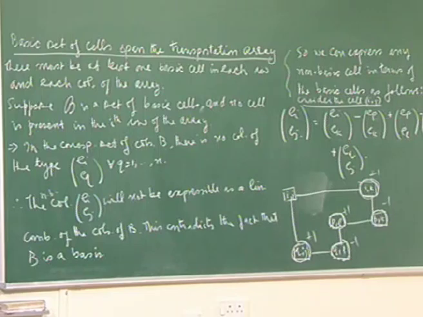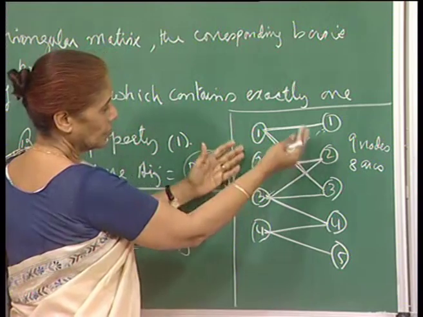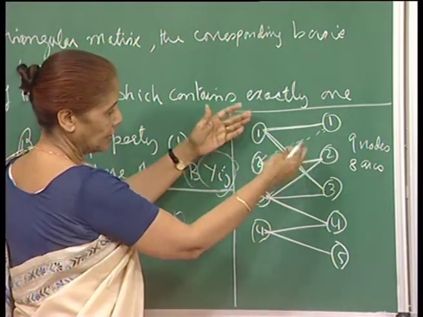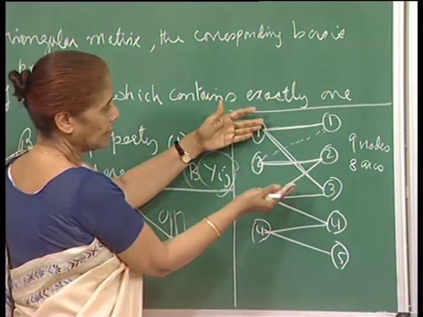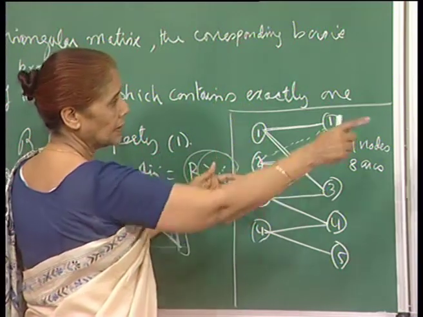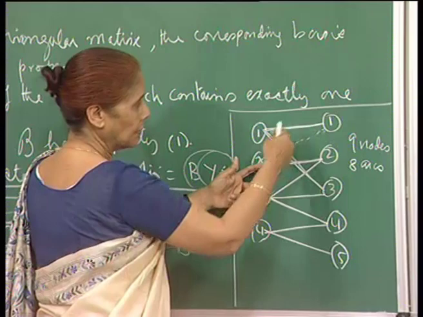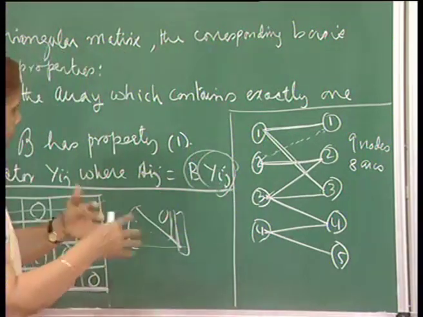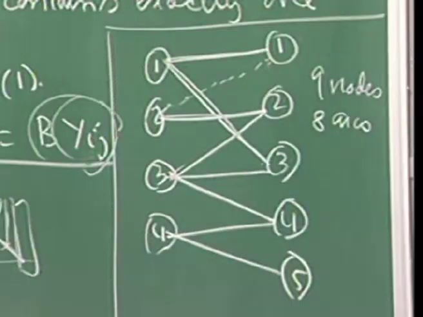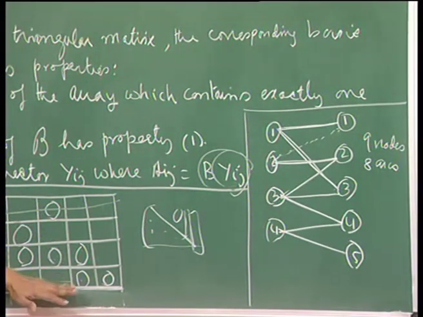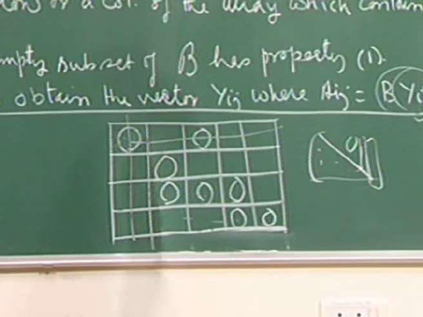Now, you take any non-basic arc, and it will form a cycle with a subset of the basic arcs, and then you will immediately know how to express this column or this arc in terms of the basic arcs. So, all these concepts are the same. I am just trying to make you familiar, so that once we work out the simplex algorithm on the transportation array, you can immediately see what is happening.